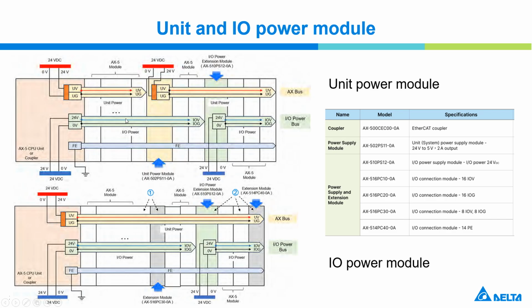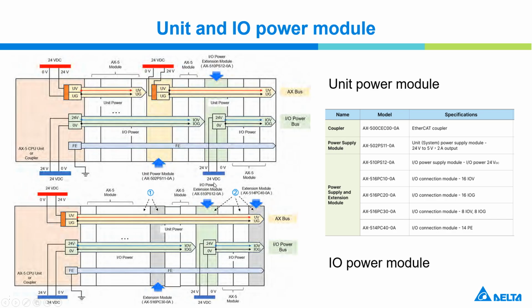And the green part, the power is for the IO module, the IO terminal control. You can see that the module AX-502-PS is actually a power supply module to extend the AX bus power.